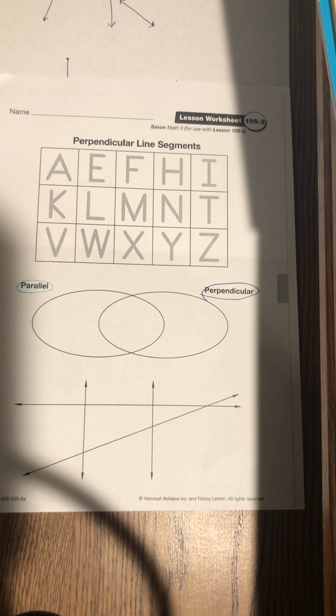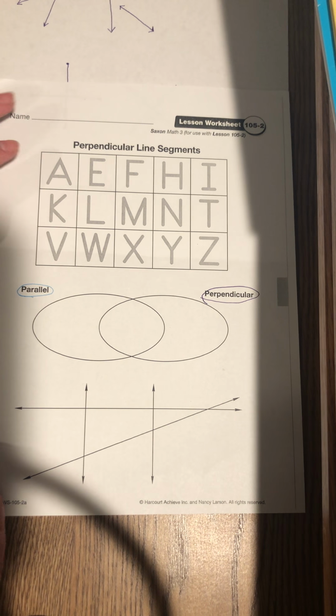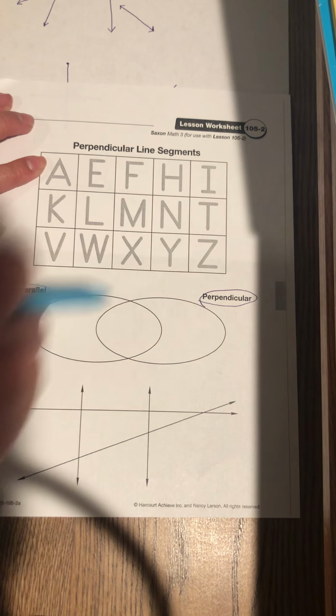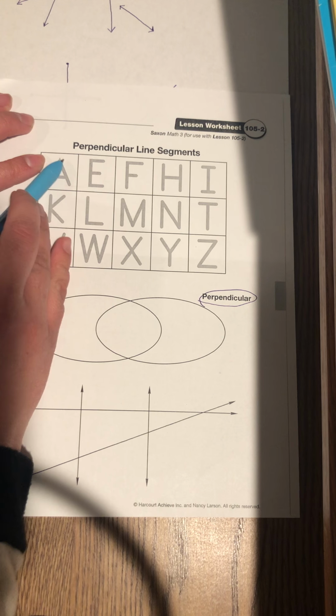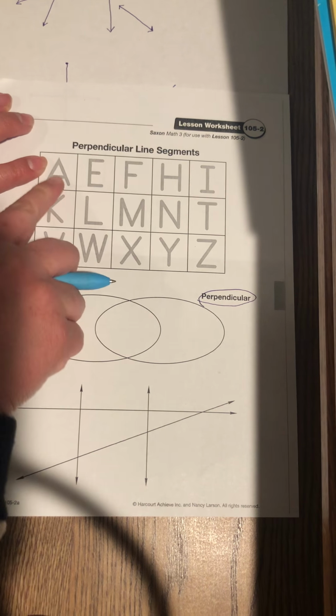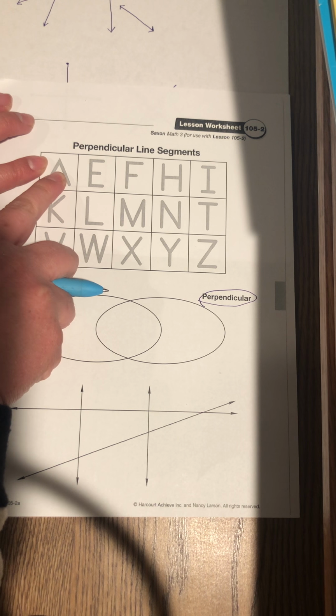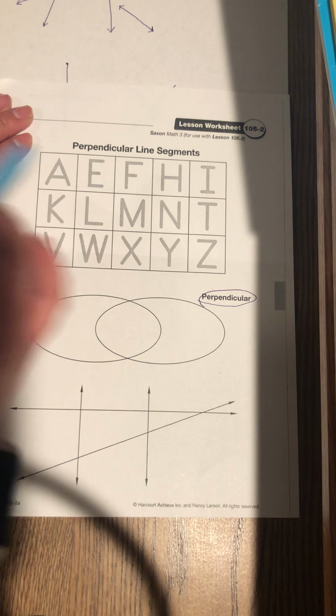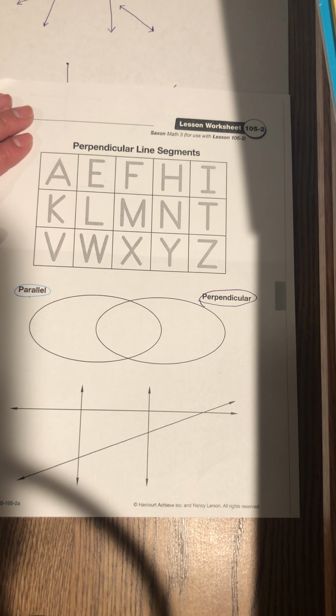So let's just start with our letters, and I've got my colors here. So A, I see that we have 3 line segments here. But does this line segment here make a perfect box? It doesn't. And are any of these lines ones that don't intersect?